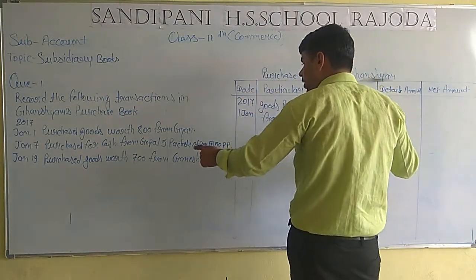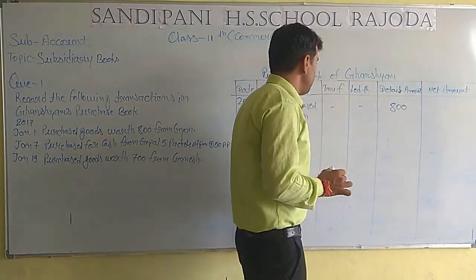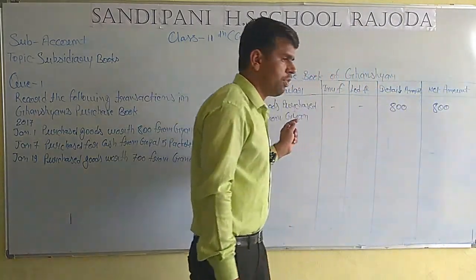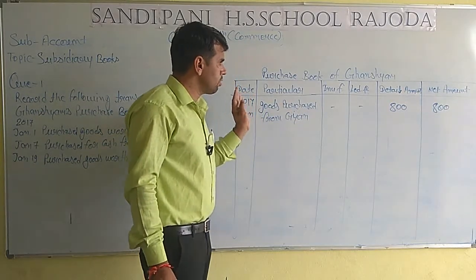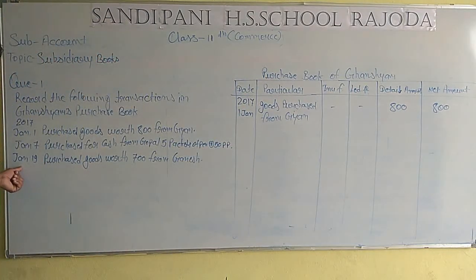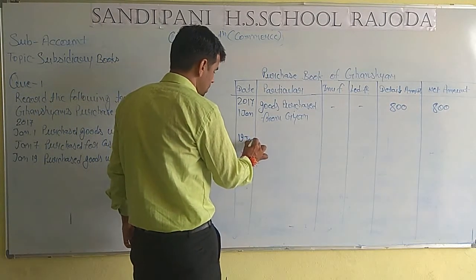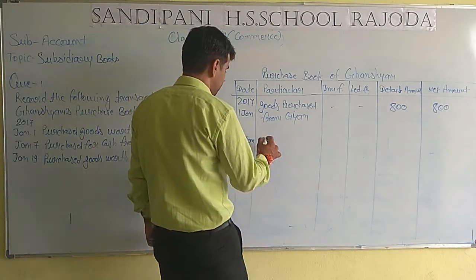Directly you have to write 800 rupees in the detail column, and the same amount will come in the net amount column, because trade discount is not given. If it is given in the question, then we write in the detail column. Then the January 19 transaction is given: purchase goods worth rupees 700 from Ganesh.